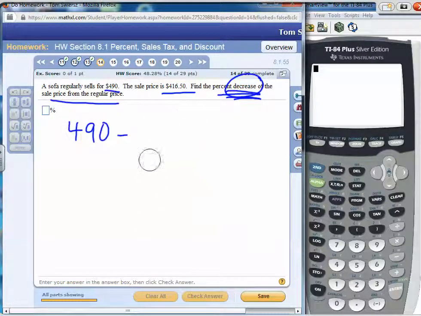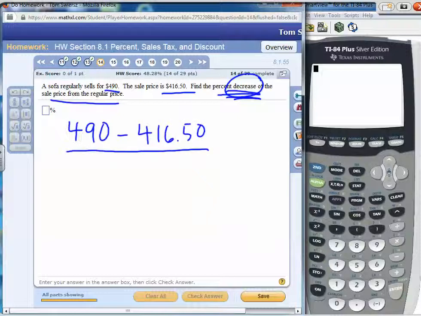Take the two values, subtract, and always divide by the original price. It regularly sells for $490, and then multiply by 100, and that gives you your percent.